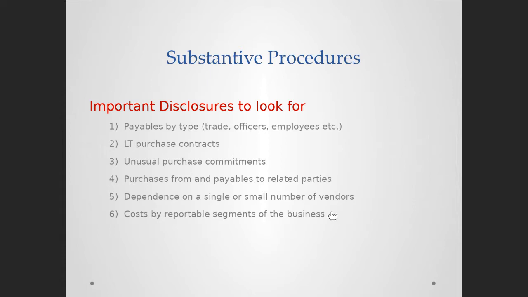If the company has costs by reportable segments, so if the company has a segment that makes computers, another one making televisions, another one making tablets, another one making digital watches, these should be reported separately, because the investor has the right to know where they're making money and where they're losing money.